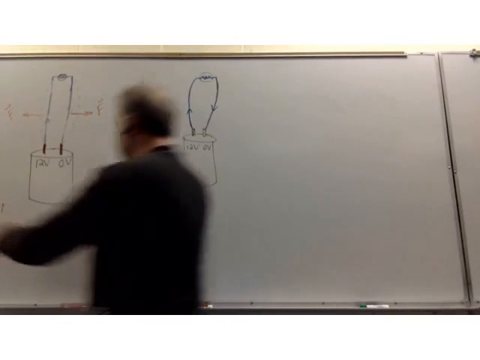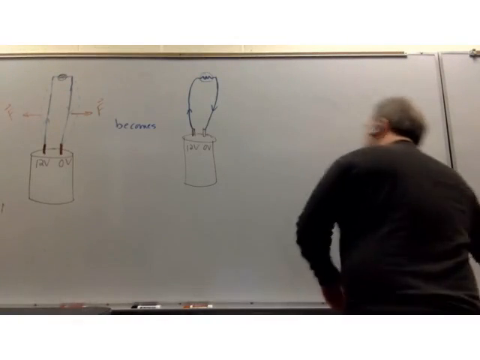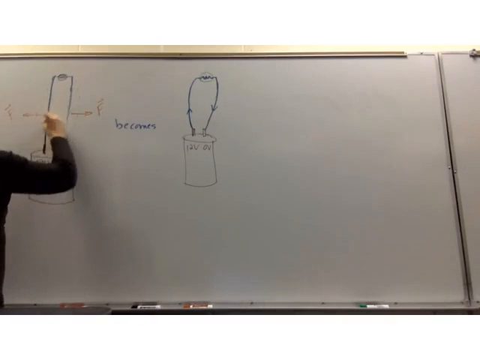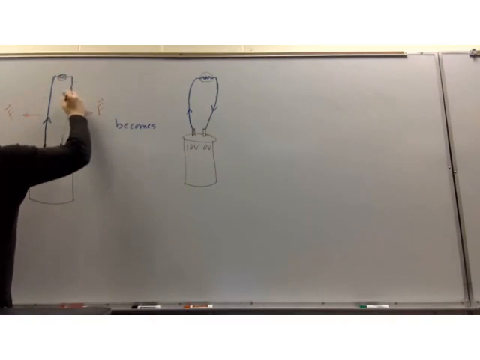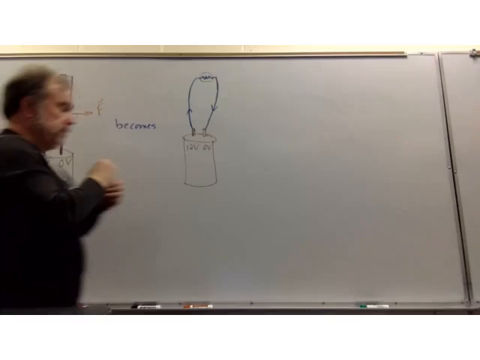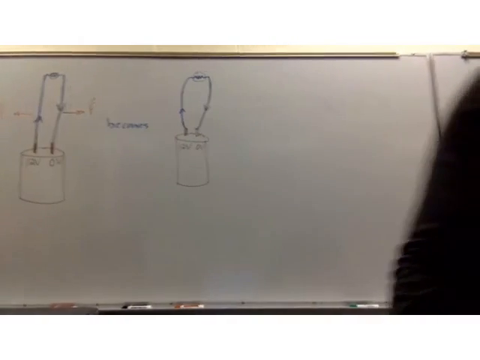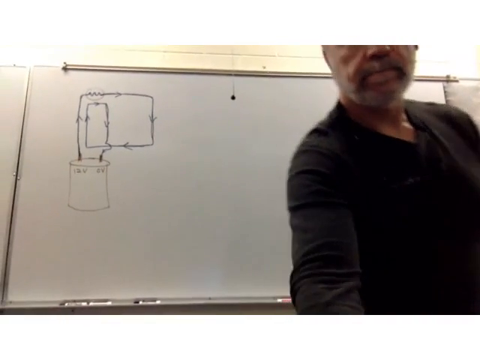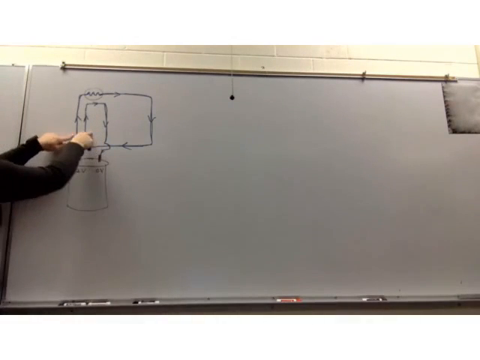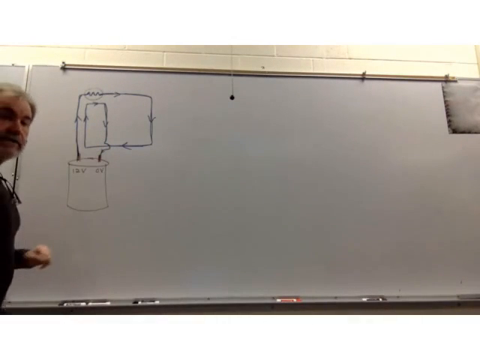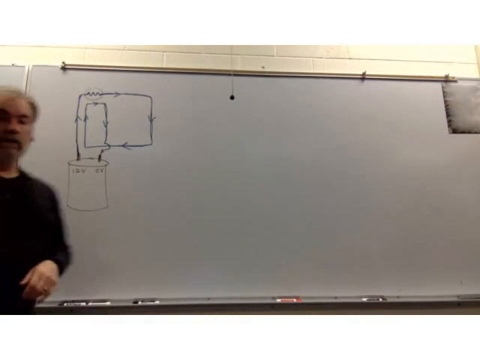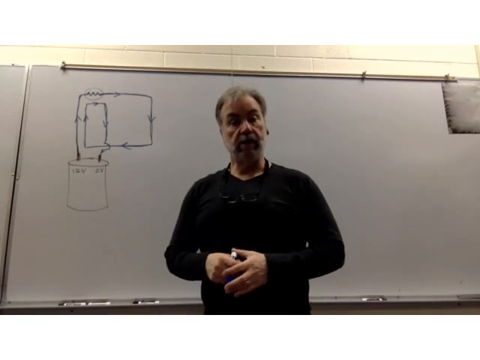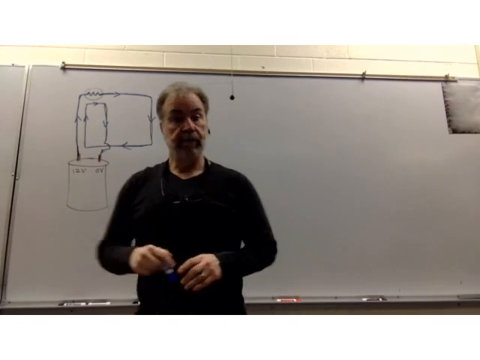In the previous example, the flowing charge, the current, is flowing up this direction and down this direction, whereas in our new situation over here, you'll notice that these two wires, the current is flowing in the same direction, so they're parallel. In the previous one over there, the currents are flowing what I would say anti-parallel, where here they are flowing parallel.